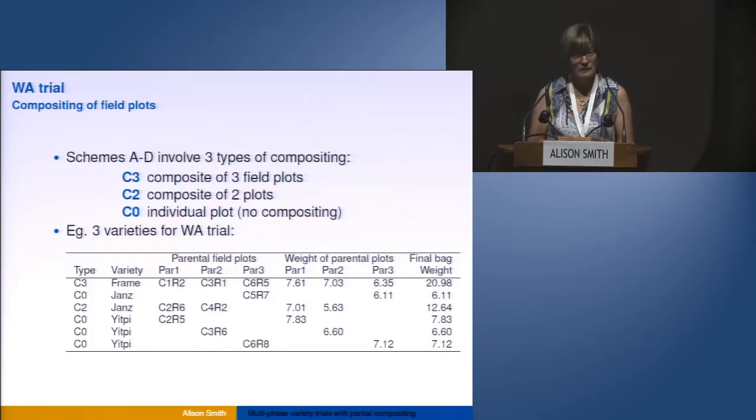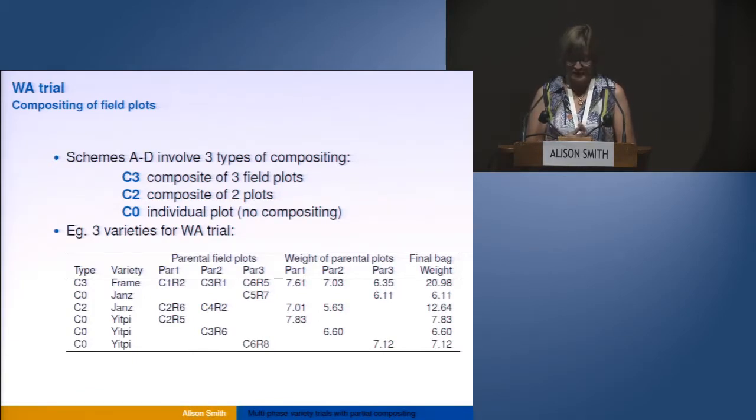And the composite, literally, we get those 3 bags and put them into one larger bag and mix it very thoroughly. And we end up with a bag that weighs nearly 21 kilos. The variety Jance is going to be tested as one individual replicate sample.